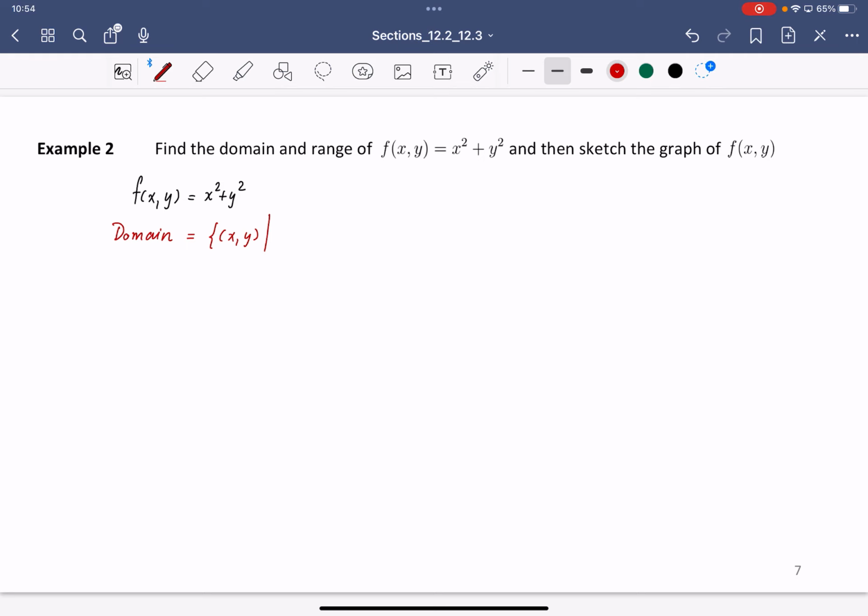It can be anything, so the domain is all real numbers. And the range, this is going to be x squared plus y squared, so the range is going to be the positive thing. So it's going to be 0 to infinity, greater than or equal to 0, because x squared plus y squared is always greater than or equal to 0.